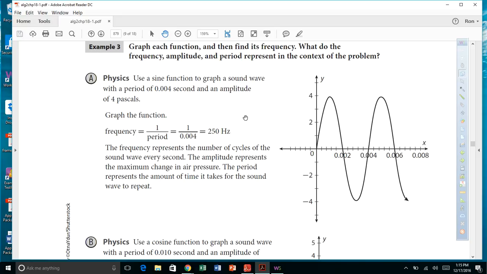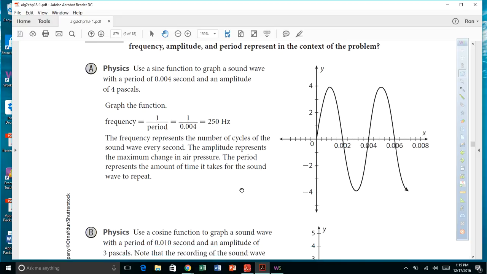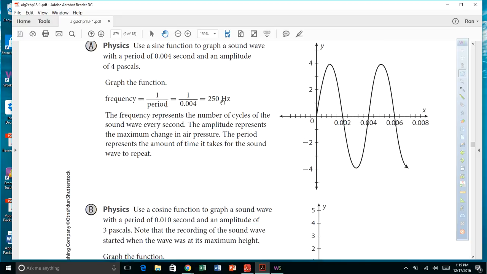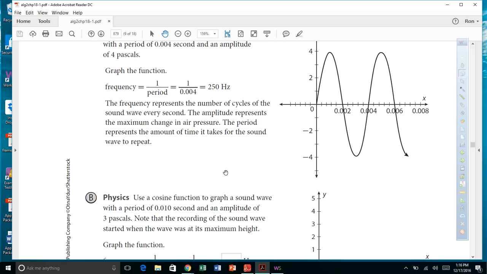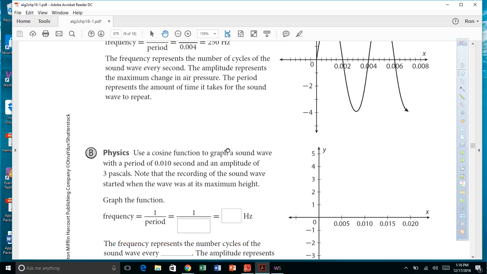The frequency equals 1 over the period, which is 1 over 0.004, and that's 250 hertz. The frequency represents the number of cycles of the sound wave every second. The amplitude represents the maximum change in air pressure. The period represents the amount of time it takes for the sound wave to repeat.